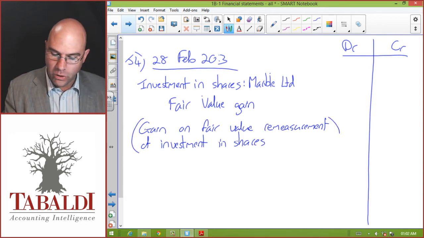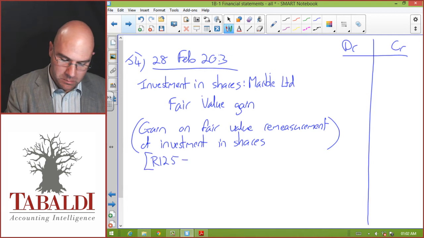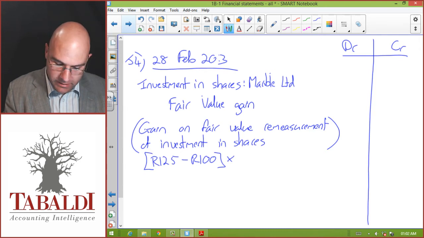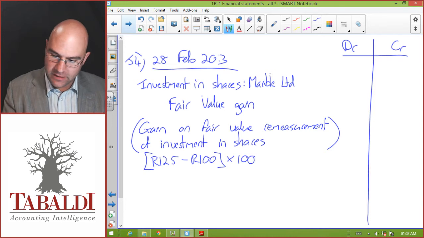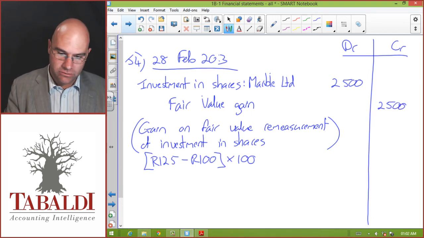Okay, our working for that, well, that's quite nice and easy. The working is going to be 125 minus the original cost of 100 times by 100 shares. Okay, that gives me 2,500. Debit the asset, credit the income, 2,500.